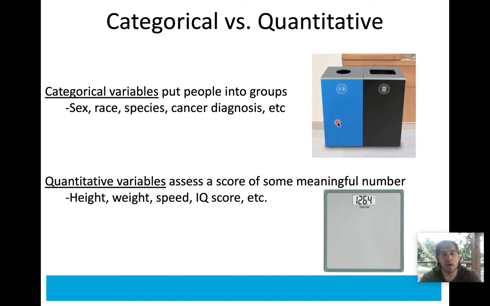Notice how someone's weight is not a category. You weigh 194 pounds, but we can take a quantitative variable and turn it into a category. Let's just take weight, for example. In many sports, you have weight classes. So boxing, UFC, wrestling, things of this nature. You basically take a segment of weights.